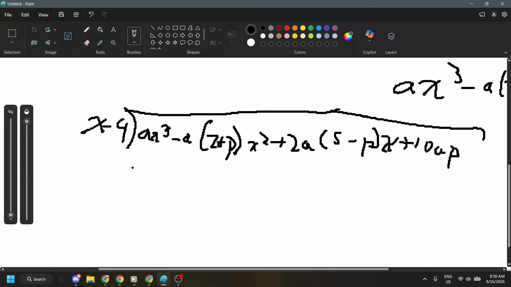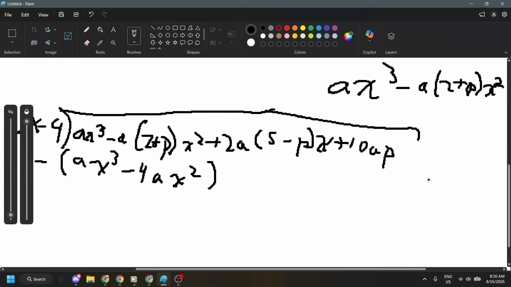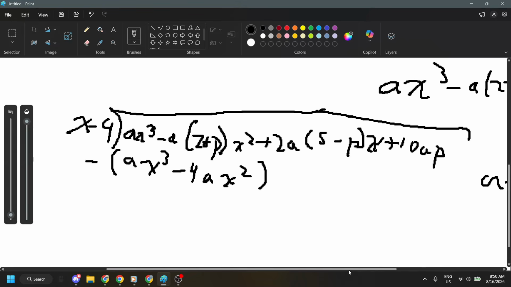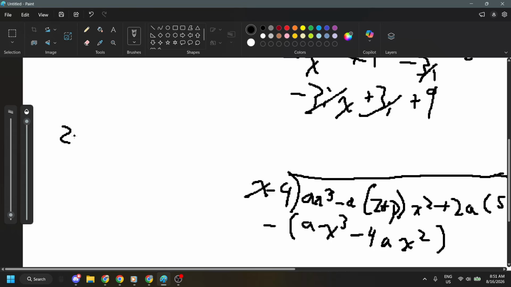So our first thing is we want to subtract ax squared times x minus 4, so ax cubed minus 4ax squared. These two cancel out, and then we add this.